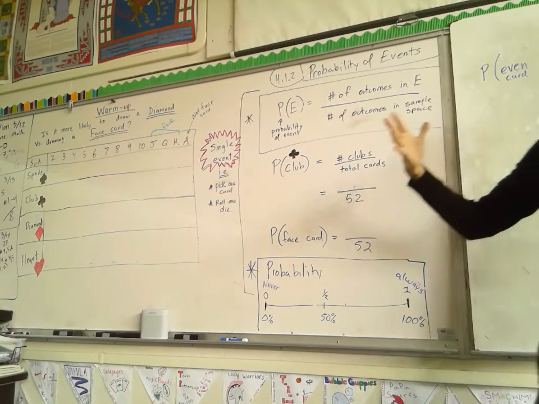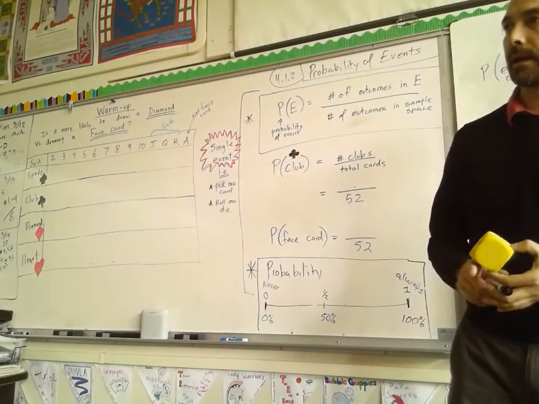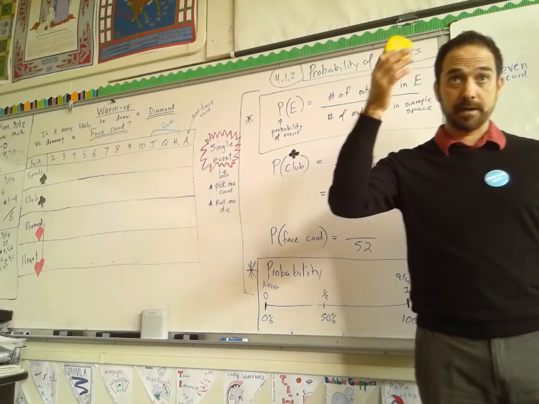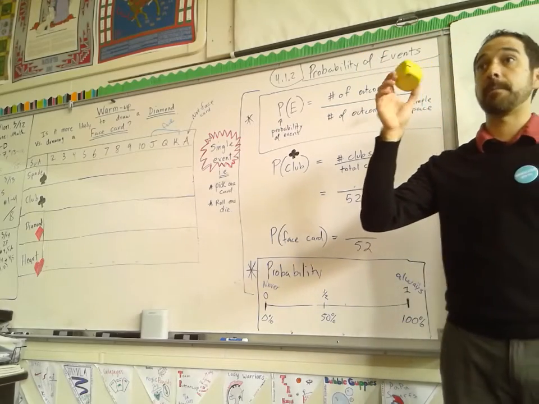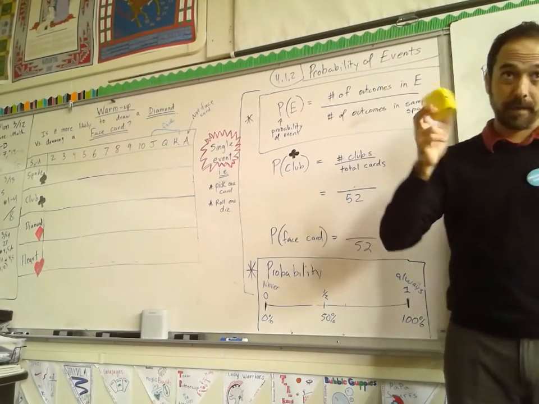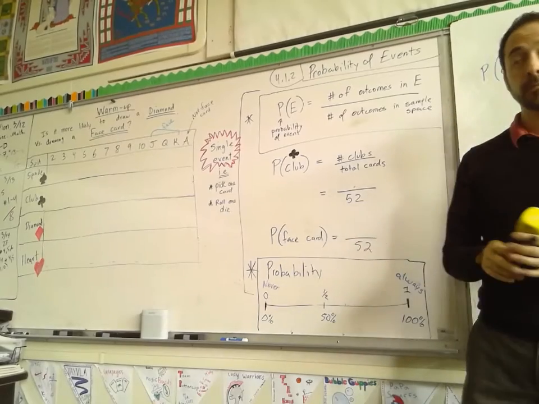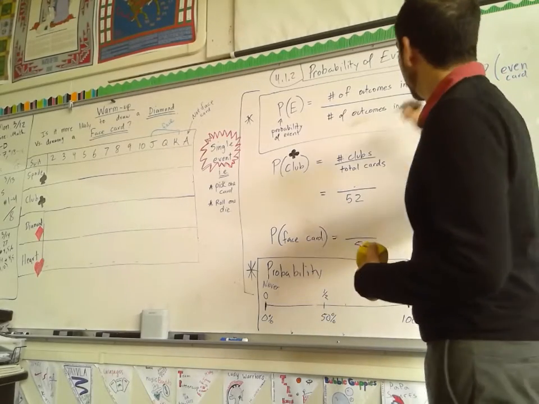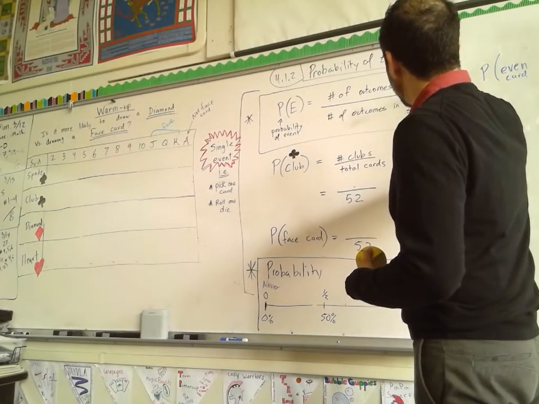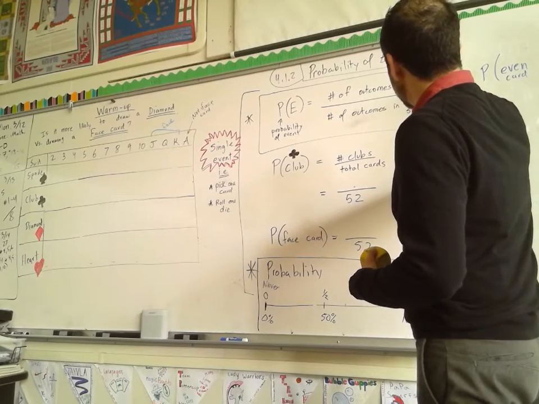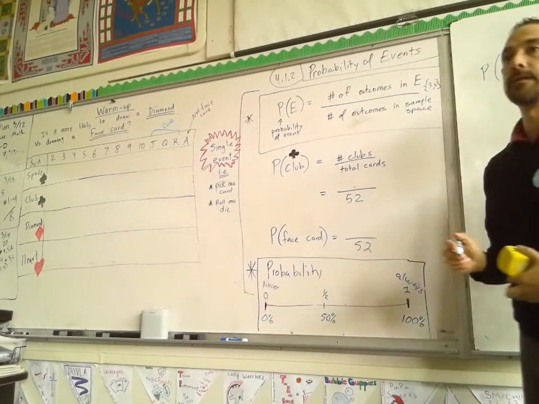Okay, so if I want to roll a multiple of 3 on a die, how many options do I have? What are the number of outcomes for that? So we have 3, we have 6. Okay, so there's 2 options.